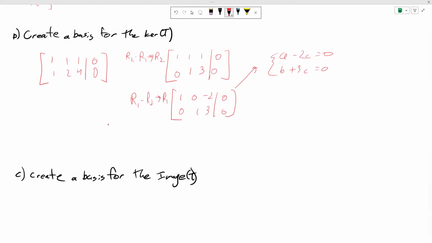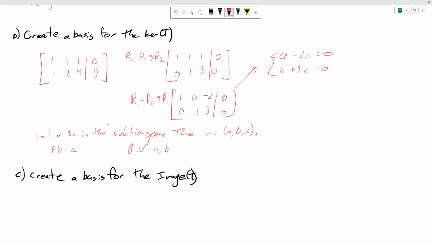Now we're going to let v be in the solution space. Then v equals (a, b, c). Now here, what are my free variables and my basic variables? My free variable is the variable c. My basic variables are a and b.